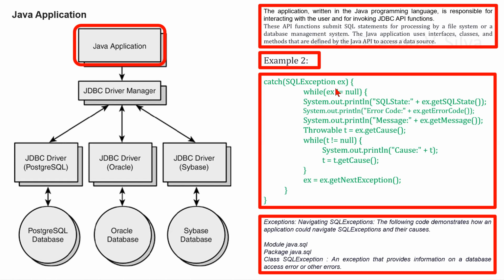This means that when the JDBC application catches a SQLException, there is a possibility that there may be additional SQLExceptions chained to the original thrown SQLException. To access the additional chained SQLExceptions, an application would recursively invoke getNextException until a null value is returned.